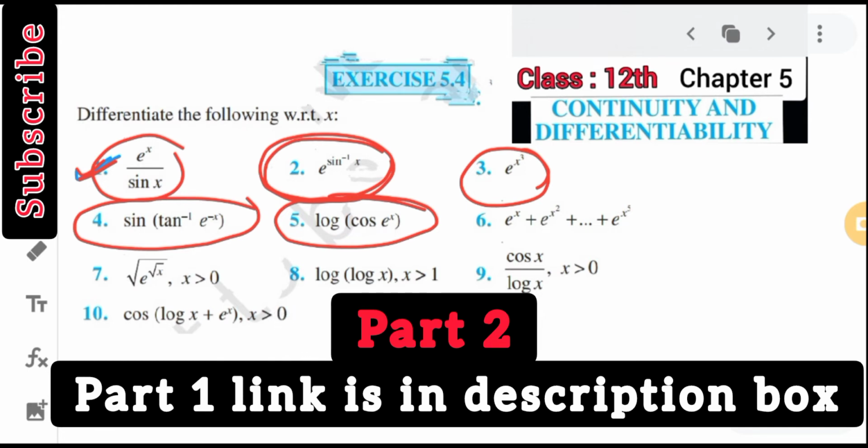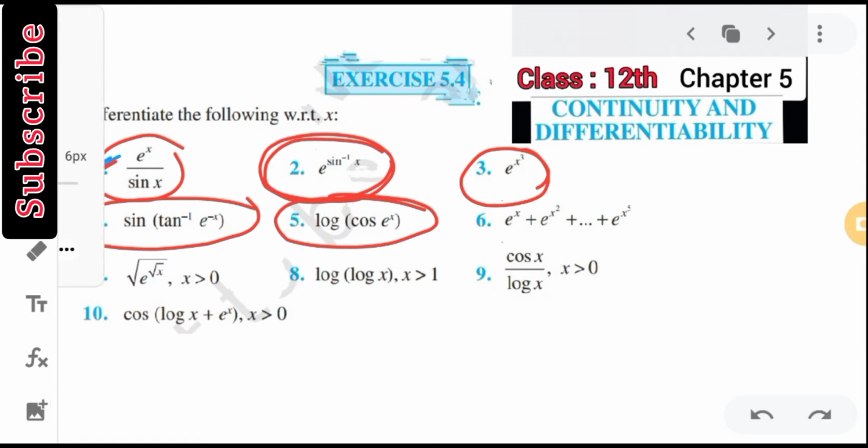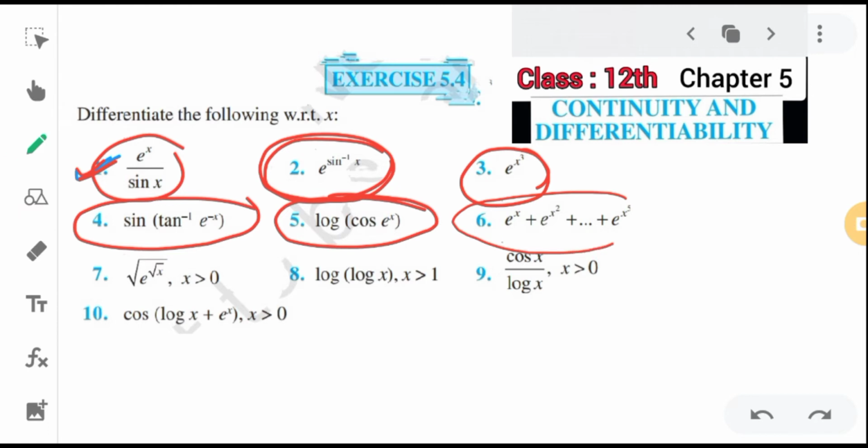Okay, so in this video we'll start from question number 6. We have to differentiate this function.